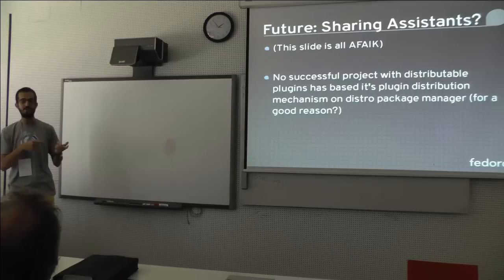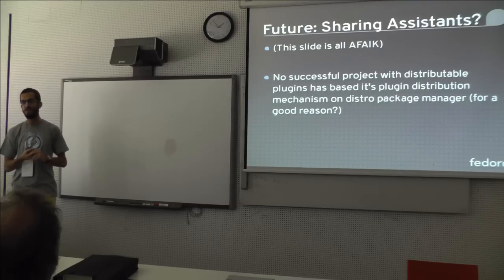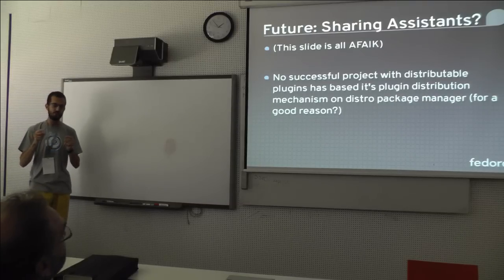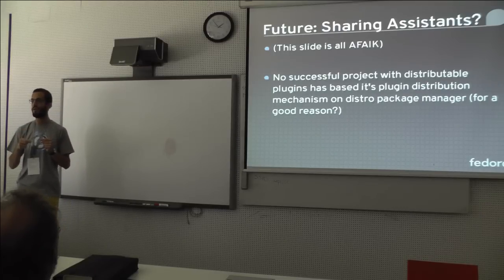These are the reasons I mentioned on the previous slide. So we don't really want to rely on the distro package manager. We want to be able to repackage the plugins as RPMs for downstream Fedora use.